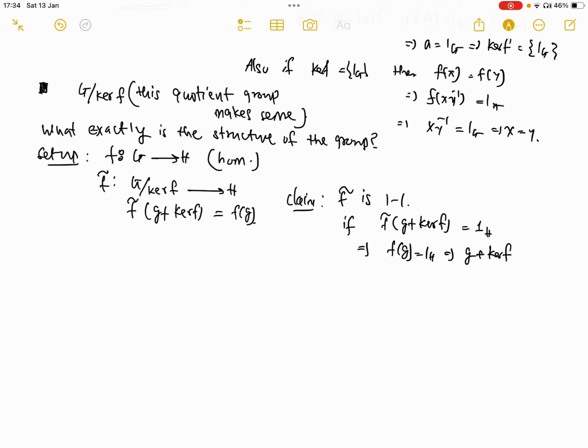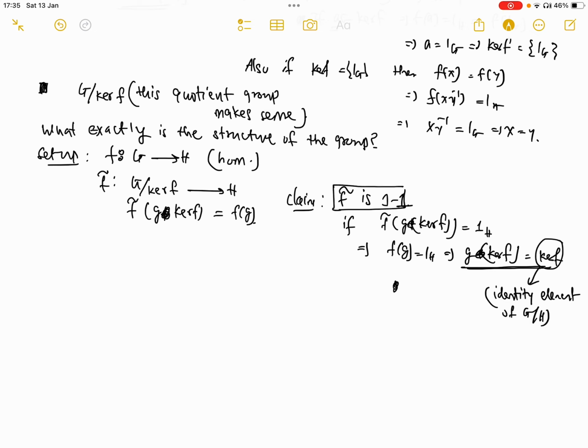So this coset g kernel f is the same as kernel f, because g is inside the kernel. So you get that g kernel f is precisely the identity element of the quotient group. So you get that f tilde is always one-one.